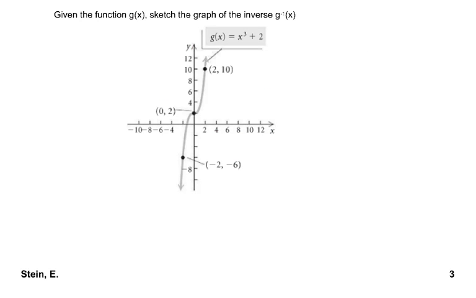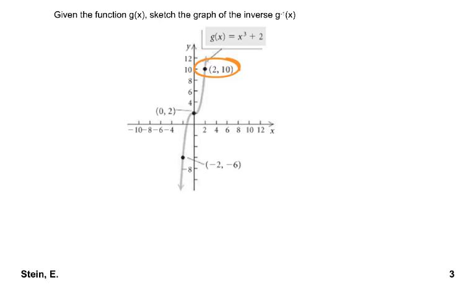And just to reiterate our idea that the inverse is a reflection over the identity, let's find the inverse given this graph. So finding the inverse given the graph, each of these points I'm going to invert. I'm going to switch my x and y.